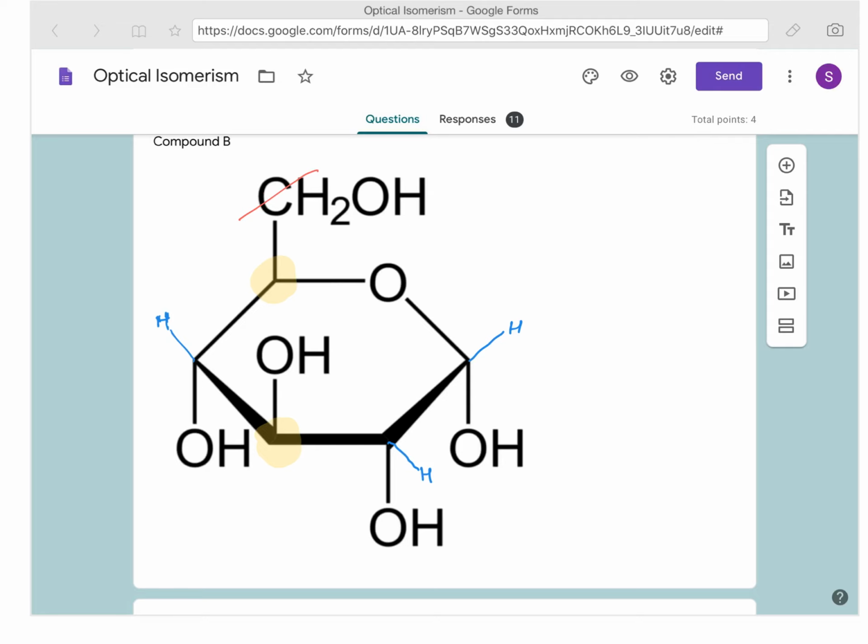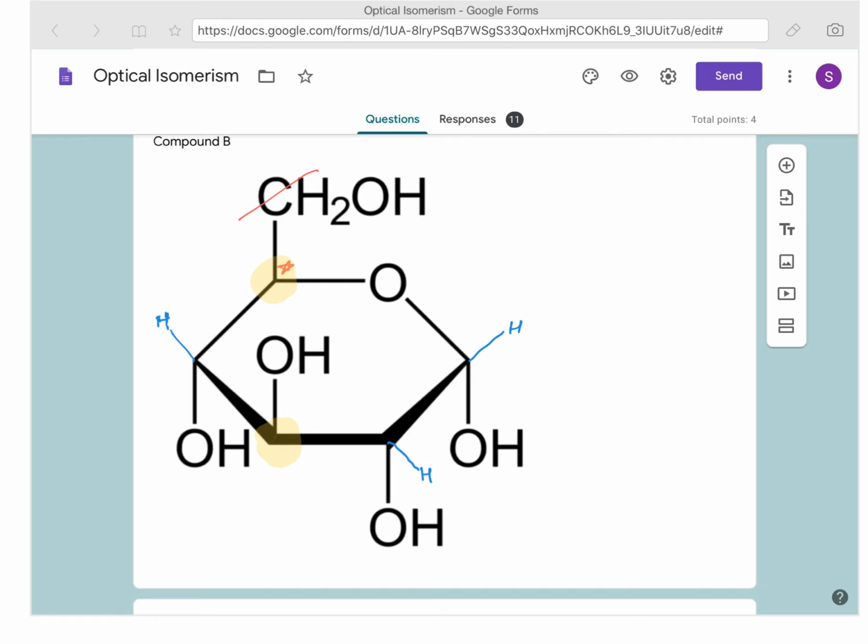You can also look at it as this carbon has 2 hydrogens coming off it, whereas this carbon only has 1 hydrogen coming off it. So this and this, they're not the same. So here we've got an H, an O, one different group and another different group, so that one's got to be chiral. So we'll put a little star there.